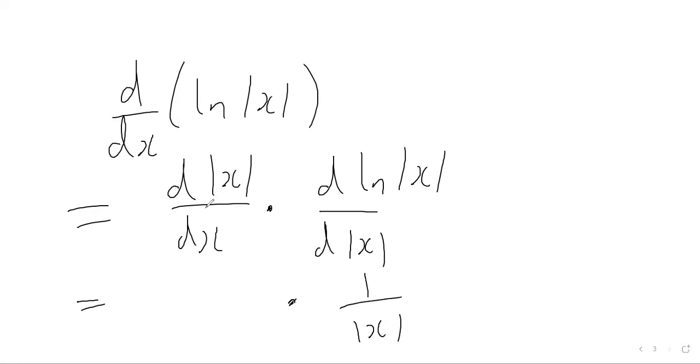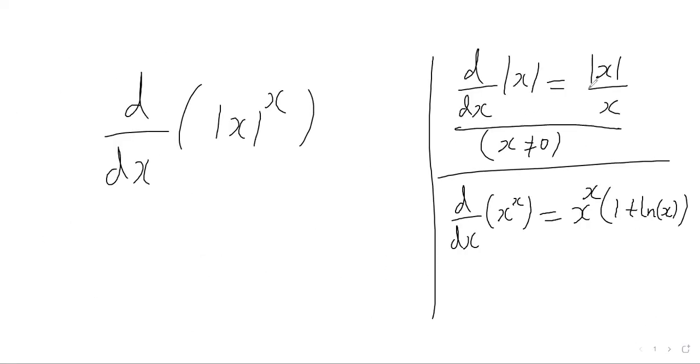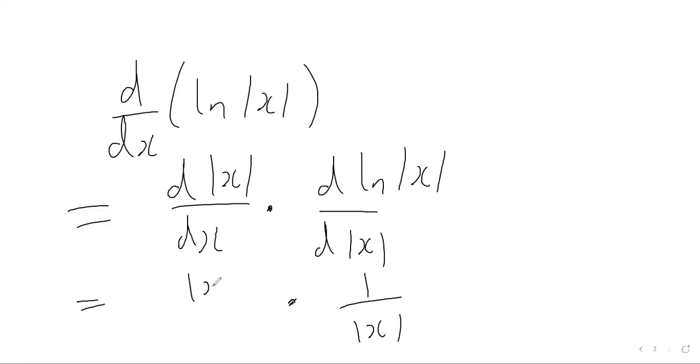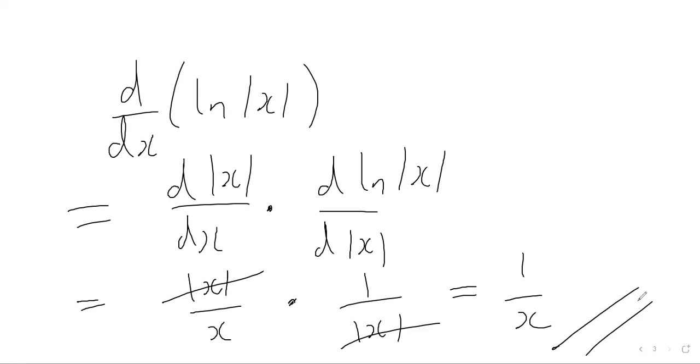And when we do this first part, differentiating the modulus of x, if we go back to over here, we get the modulus of x over x, like so. What do we notice? Well, these modulus of x's cancel out, and we just get 1 over x. So in fact, the derivative of the natural log of the modulus of x is also 1 over x too. We'll actually come on to this in a future video. But when you differentiate this function, you get 1 over x.